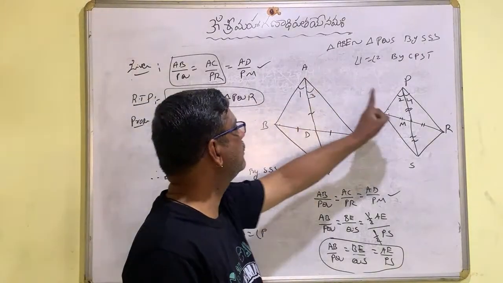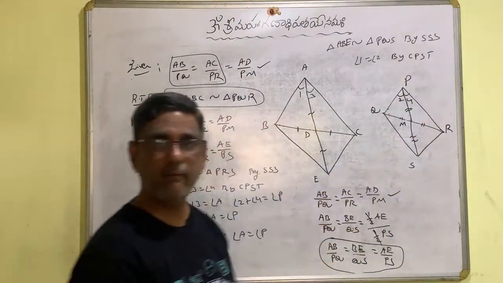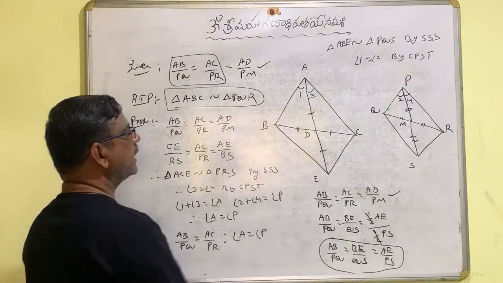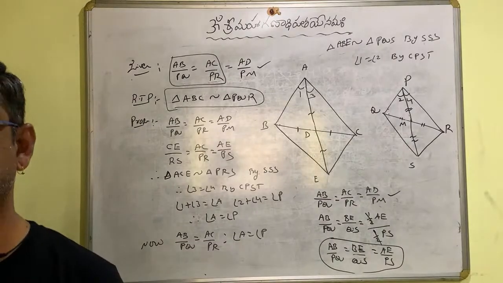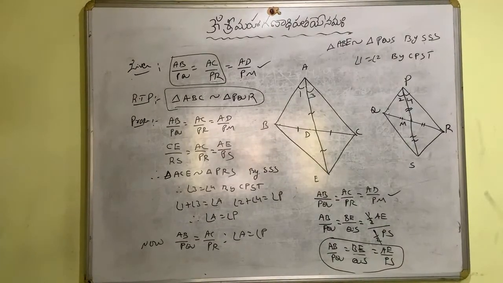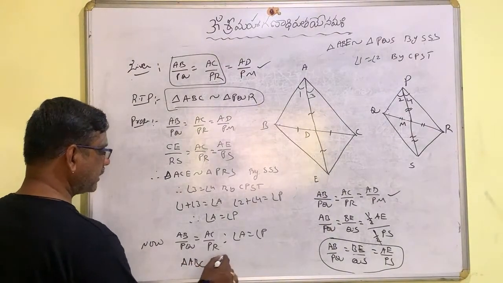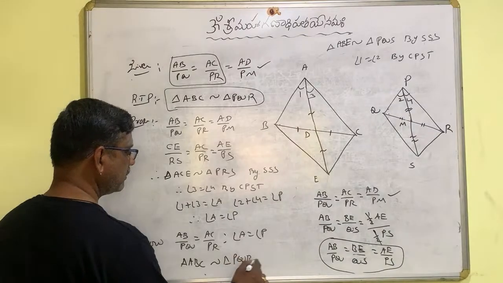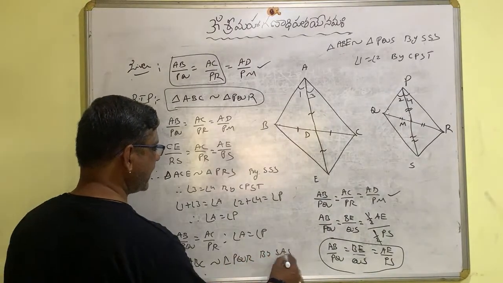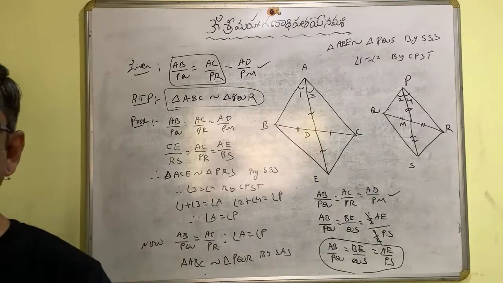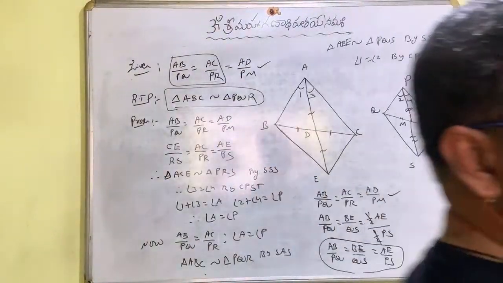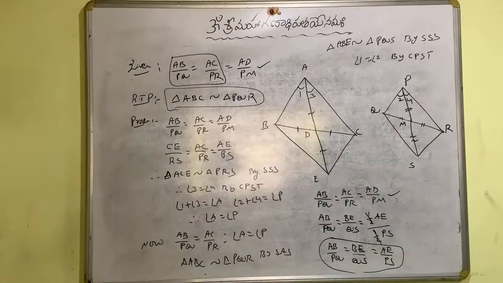AB by PQ is equal to AC by PR and angle A is equal to angle P. From the given ratios, you consider only the first two. So, triangle ABC is similar to triangle PQR by SAS similarity criteria. Understood, children? Is that understood?